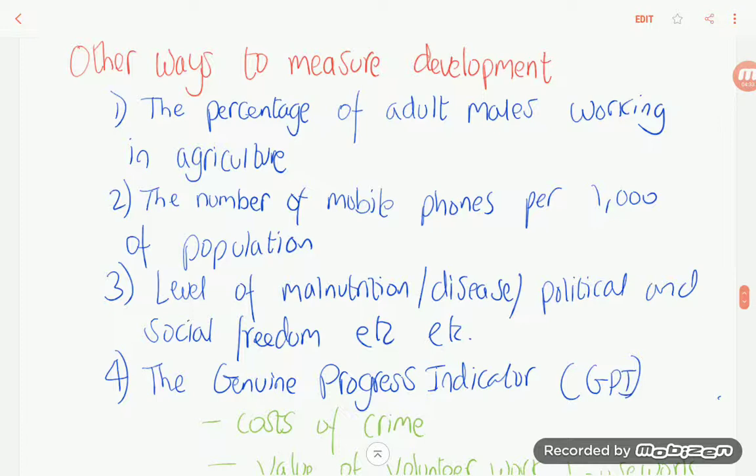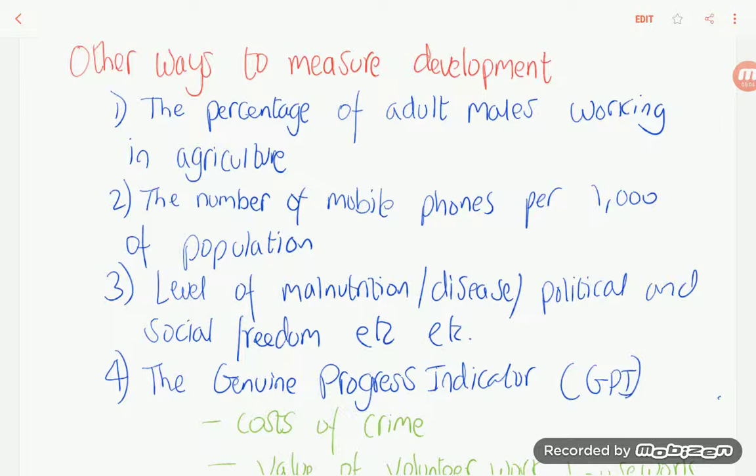There are other ways to measure development. First, one way of measuring development is using the percentage of the adult male labour force working in agriculture. Agricultural work is very hard and workers are often paid very little. The economic output from agriculture is generally quite low too. As countries become more developed, they tend to use more machinery for farming and employ fewer workers.